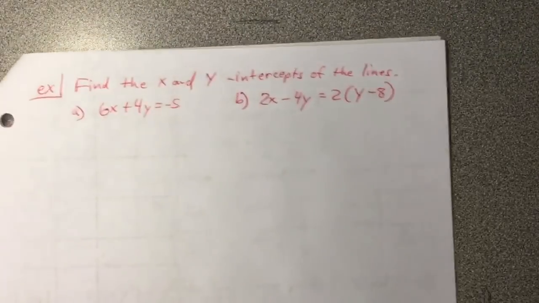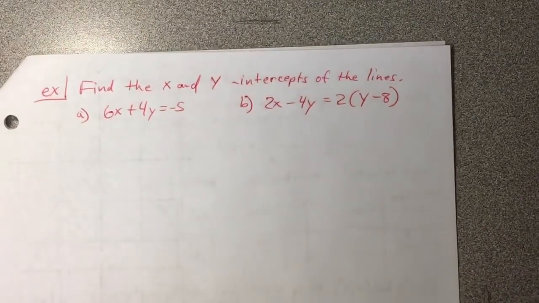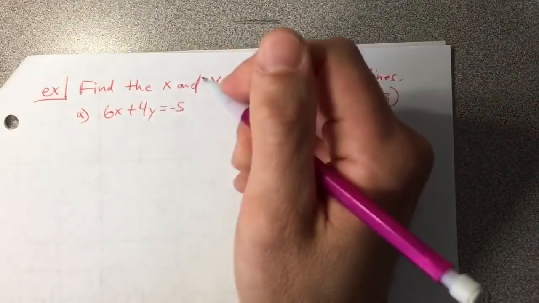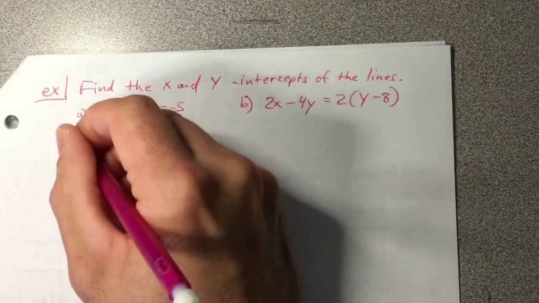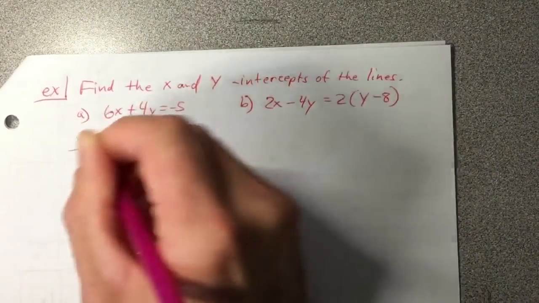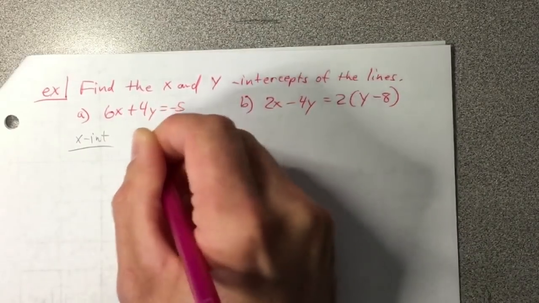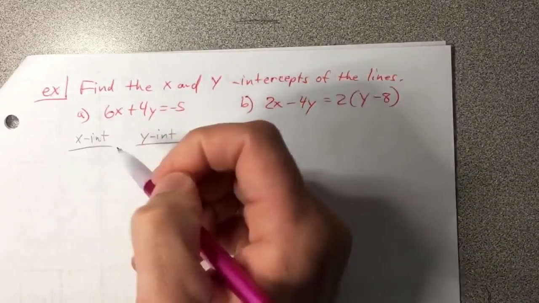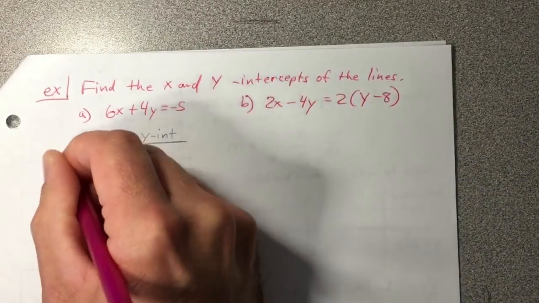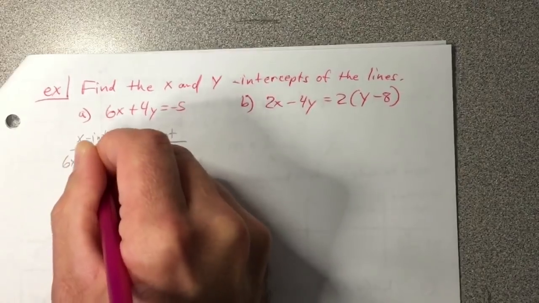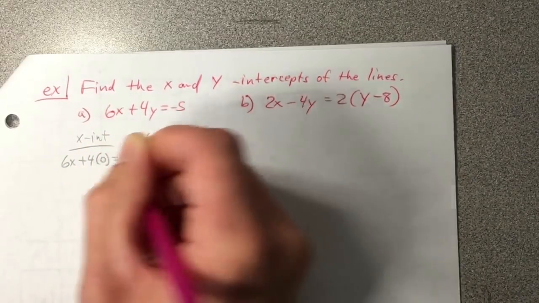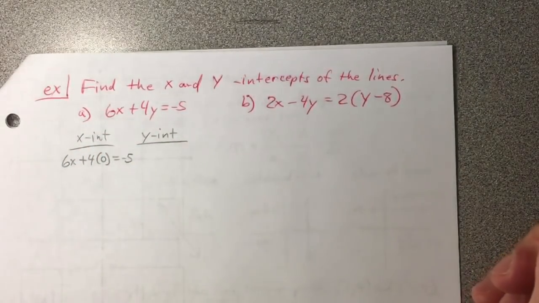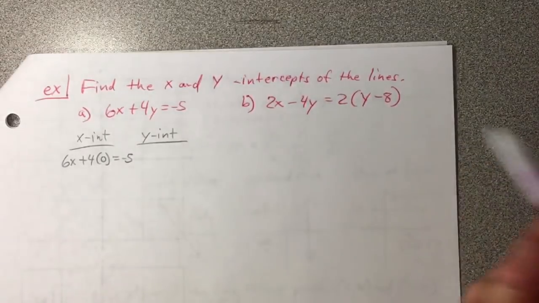So take a look here. When you're asked to find x and y intercepts, I want to see you do this. I want to see you write out x-intercept, y-intercept. And from there, for the x-intercept, that's going to be where y's value is 0. The x-intercept is where y's value is 0, like I said just a minute ago.